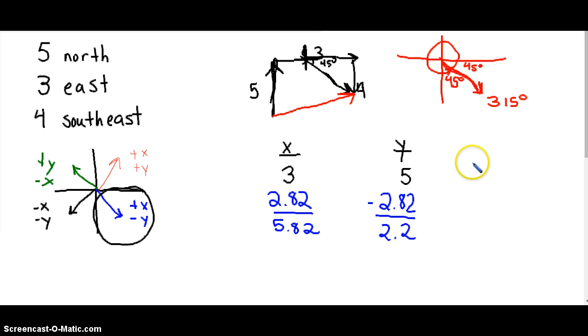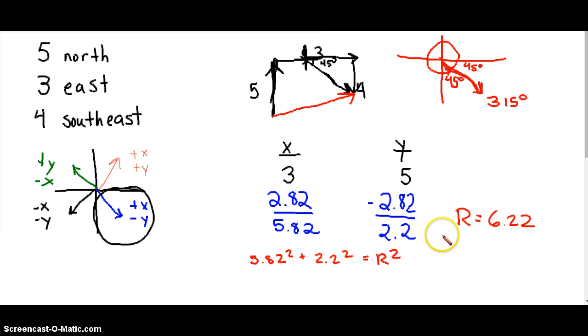And again, to get that final resultant vector, we're going to take 5.82 squared plus 2.2 squared is equal to my resultant squared. And I get my resultant is equal to 6.22.